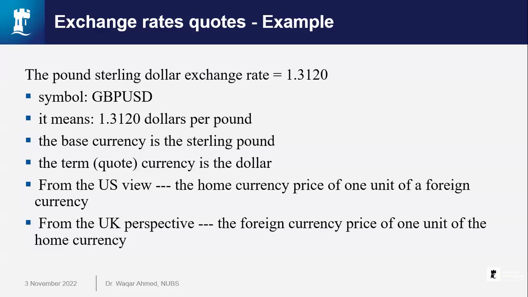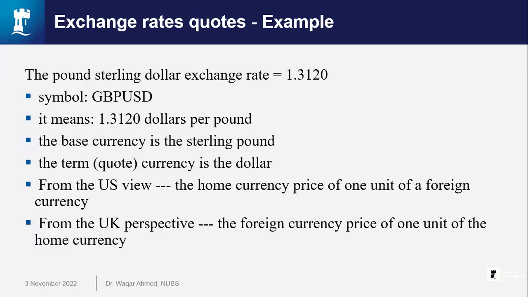Okay. But if you look at the same quote from a UK perspective, what will you see? The foreign currency price of 1 unit of the home currency, right? Okay. So how much the foreign currency is in terms of 1 unit of the home currency.